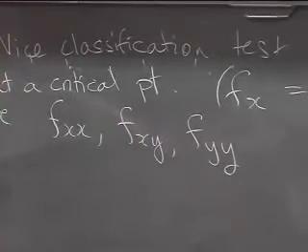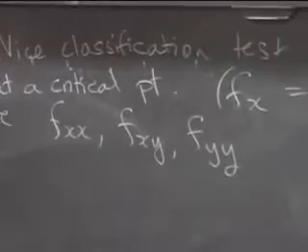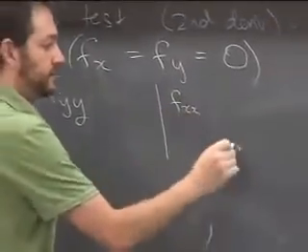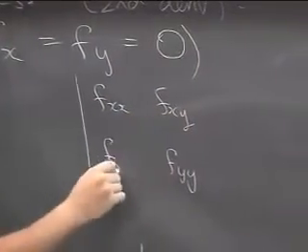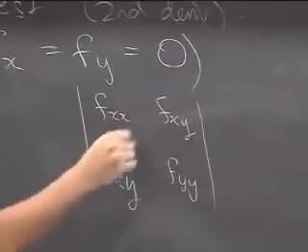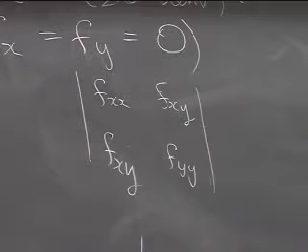You don't need to compute fyx because it's the same as fxy, at least if the second derivatives are all continuous. So in our examples, everything's going to be nice. You compute those three, and you put them in a matrix that looks like this. The diagonals are fxx and fyy, and then these are the mixed derivatives, and these are the same. This is called the Hessian.